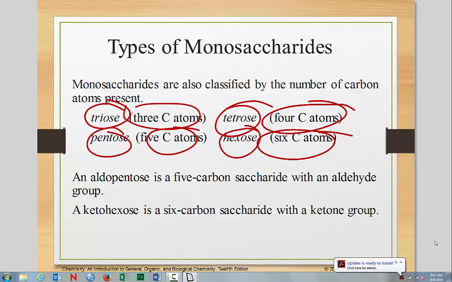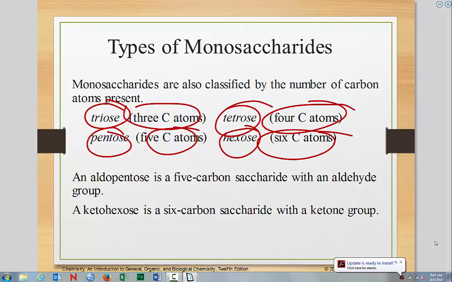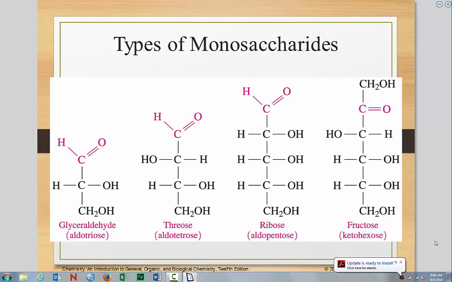So they take this part, the aldose and ketose, and they use that as the prefix to indicate if it's an aldehyde or a ketone. And then they tell you how many carbon atoms there are by telling you hexose, pentose, what have you. So for instance here, this is an aldehyde because it's at the top.